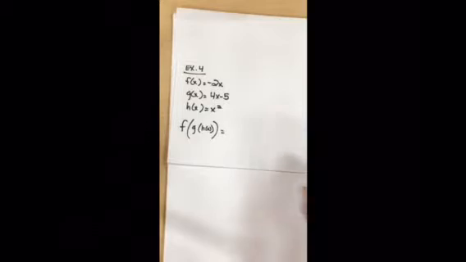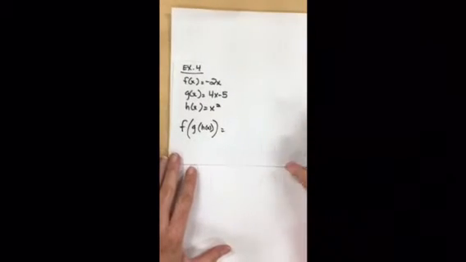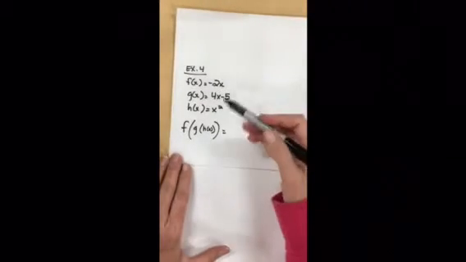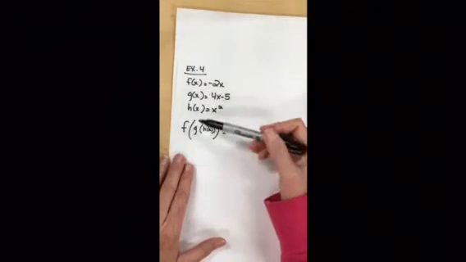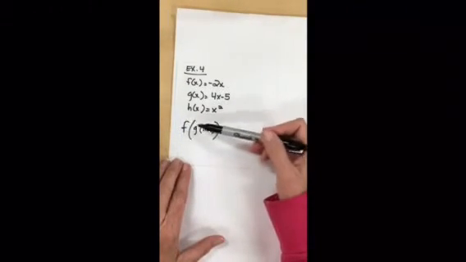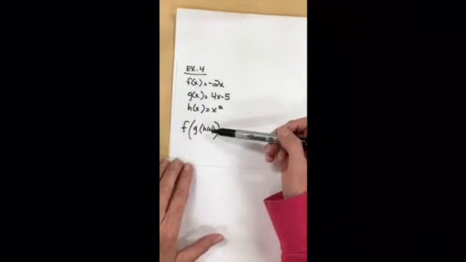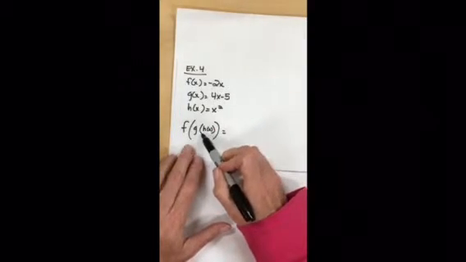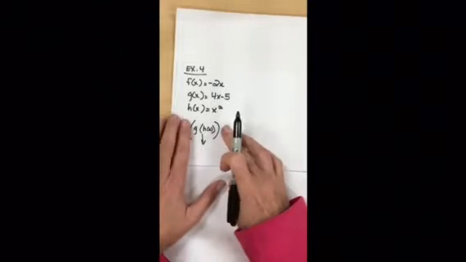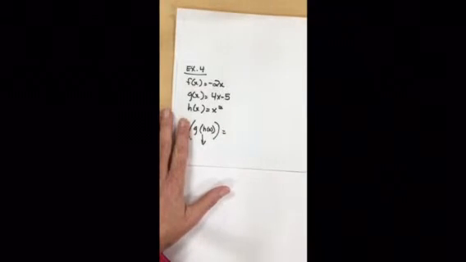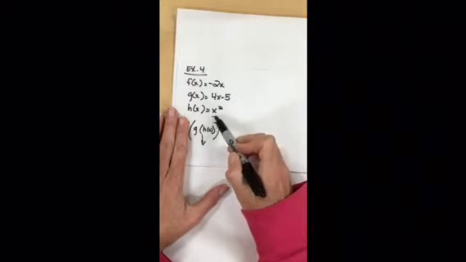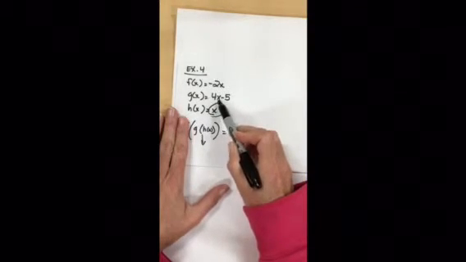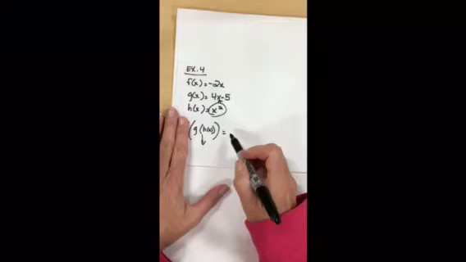The last one we're going to do is sometimes you're going to have 3 compositions, and you really want to start from the inside. We're going to find f of g of h of x. So the first thing I want to focus on is this part. What is g of h of x? Well, we've already been doing this all day long, so we should know how to do it. We take this output and put it in as an input for g of x.